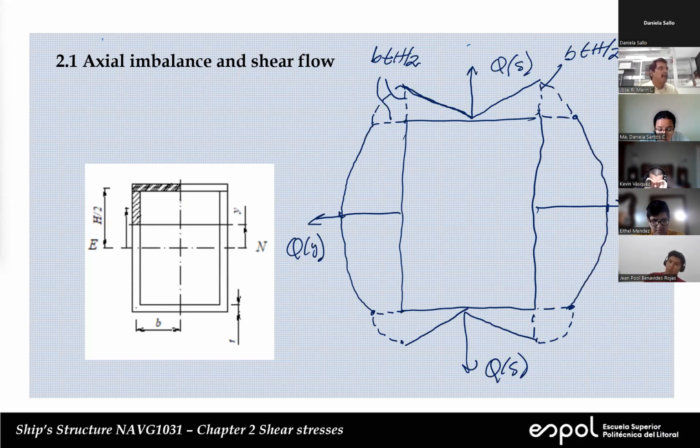So that's going to be, let's draw with different color, the section, the original section. Let's call it in green. So the original section is going to be this one here. This is a section, small thickness.